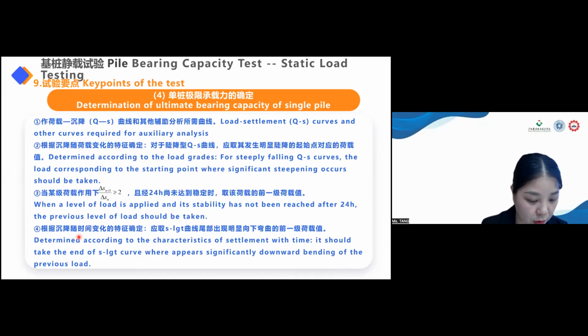According to the characteristics of settlement change over time, the load value of the first grade with obvious downward bending at the tail of the S-lgT curve should be taken.